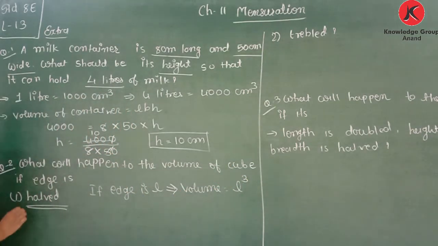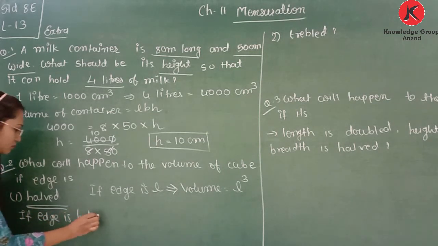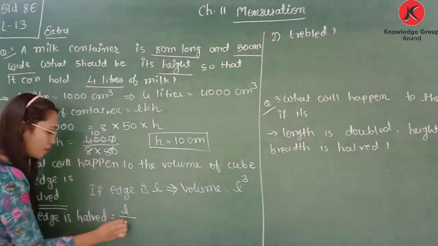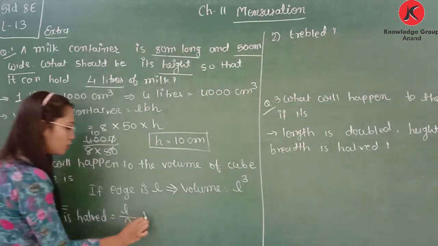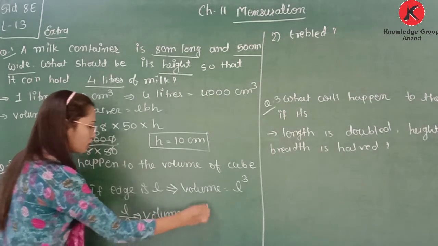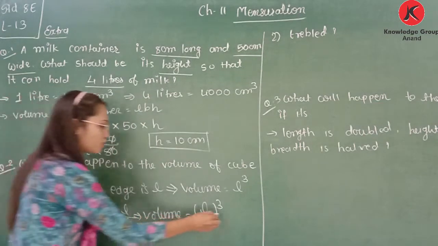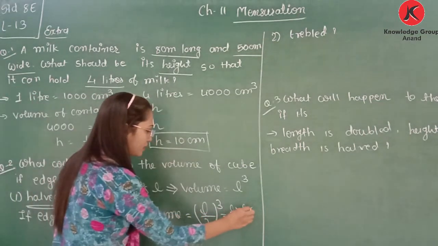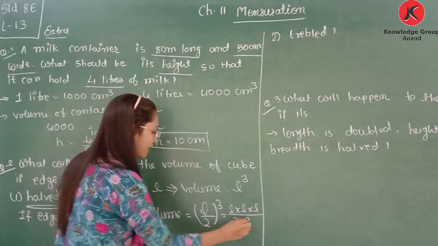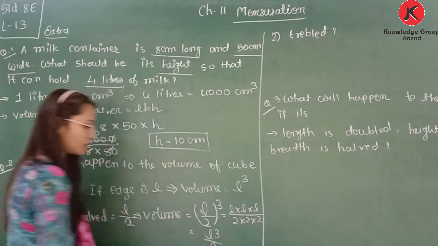But if edge will be half, so that is L by 2. So volume will be L by 2 cube. So it is what? L multiply L multiply L, 2 multiply 2 multiply 2. So that is L cube by 8.